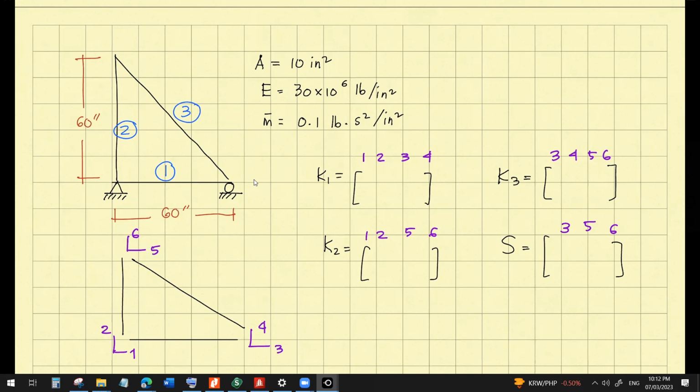So if you were going to extract, here these two, and then here this one. So let's say this is 1, 2, 3, 4.